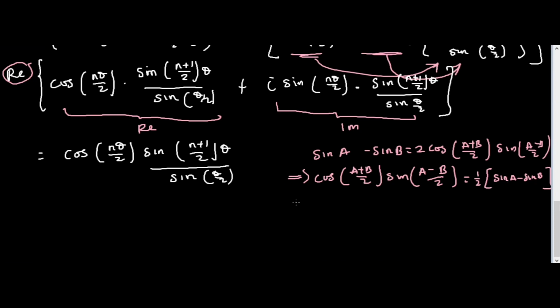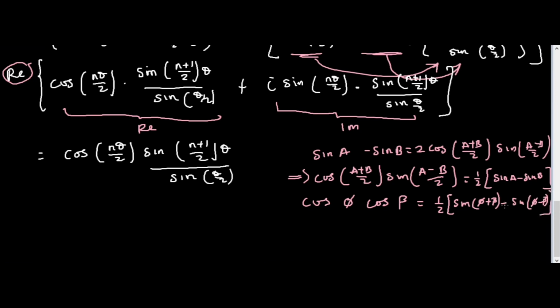Let me call the whole of this one phi, and let me call this one beta. Then cos phi sine beta is equal to 1 over 2 times sine of (phi plus beta) minus sine of (phi minus beta).